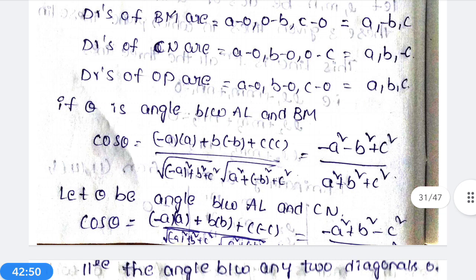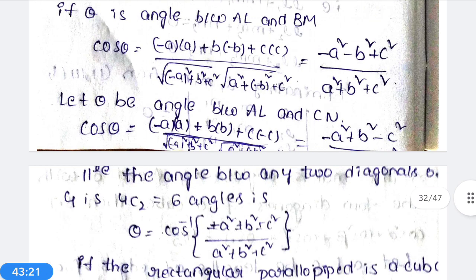If theta is the angle between AL and BM, then cos theta is equal to minus a into a plus b into minus b plus c into c, by square root of minus a whole square plus b square plus c square into square root of a square plus minus b whole square plus c square, which is equal to minus a square minus b square plus c square by a square plus b square plus c square.